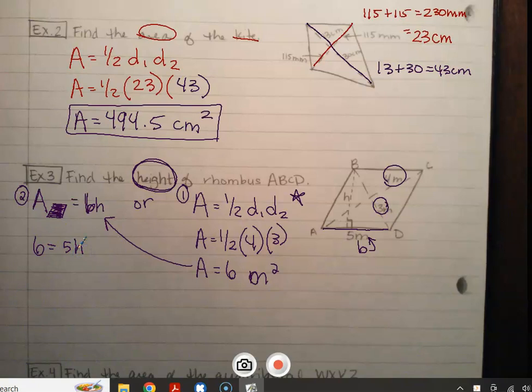Pretty sweet deal there, right? So we divide by 5 on both sides, and we have 6/5 equals the height. 6/5 meters, or 1 1/5 meters.